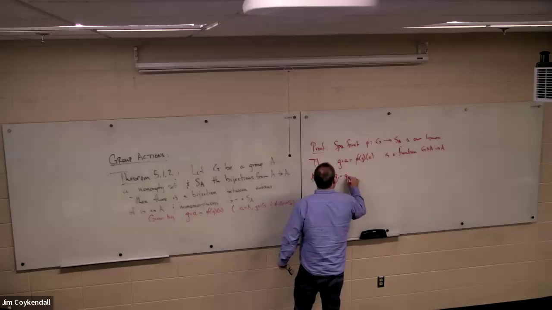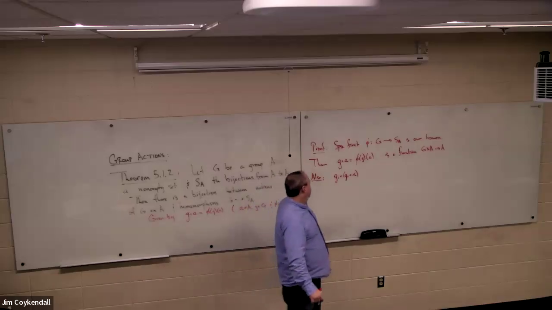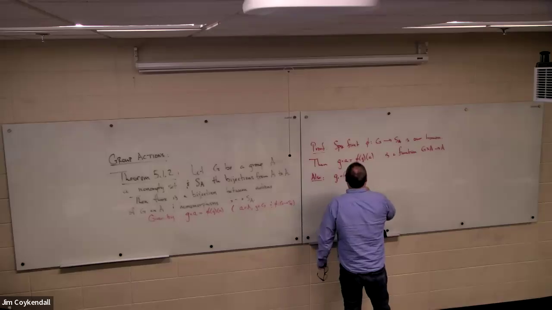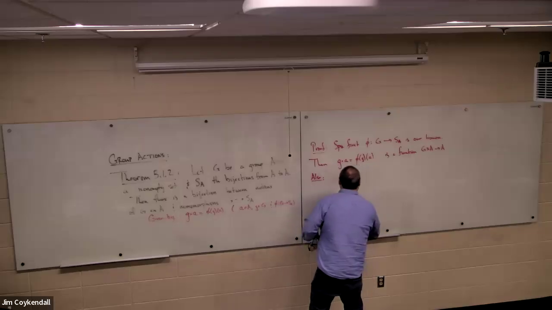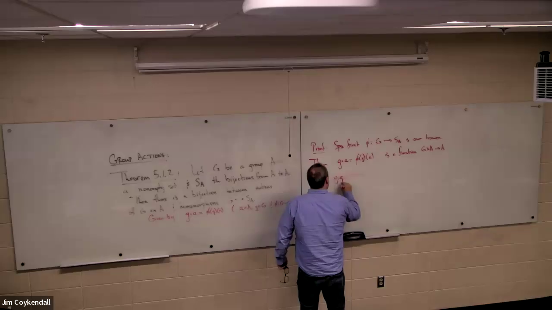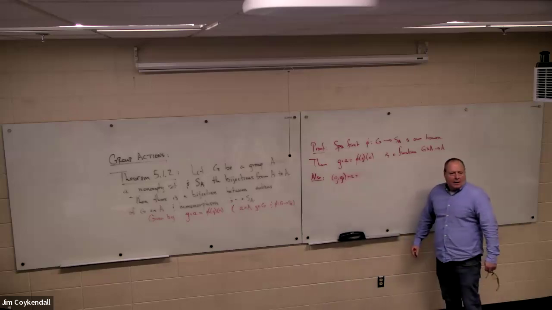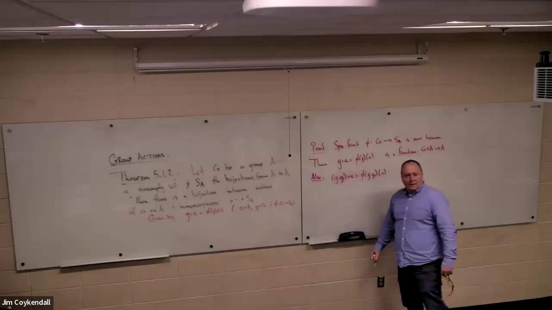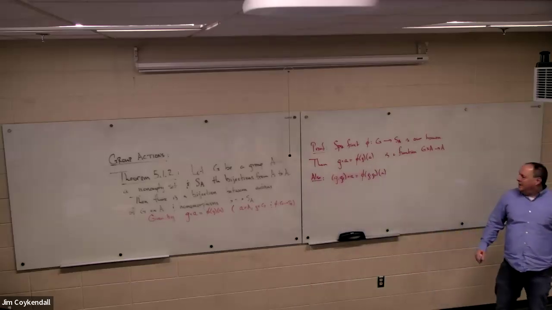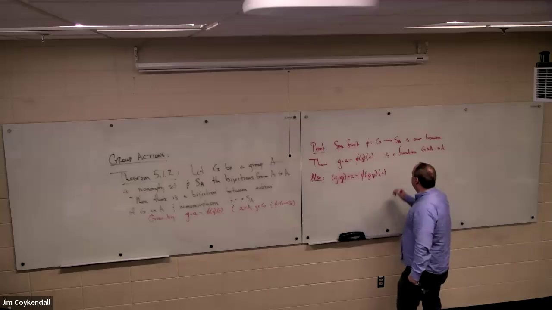g1 circle g2 circle a is, actually, you know what? I'm going to start it this way. I'll start it with the other hand. Let's do g1 g2 circle a. By definition, this is phi of g1 g2 acting on a. Well, what do I know about phi? It's a homomorphism, so I can pull this bit apart because phi is a homomorphism.